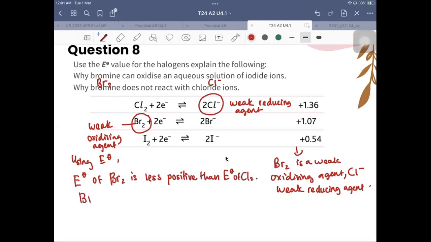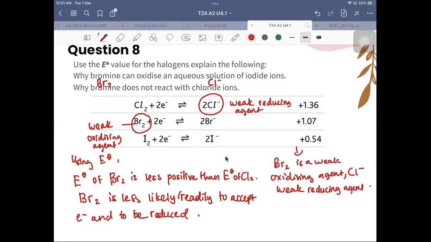So bromine does not want to proceed in the forward direction. Bromine is less likely, or less readily, to accept electrons and be reduced.